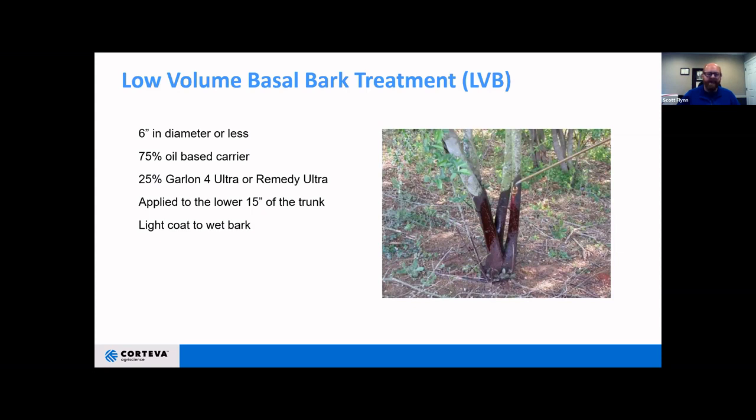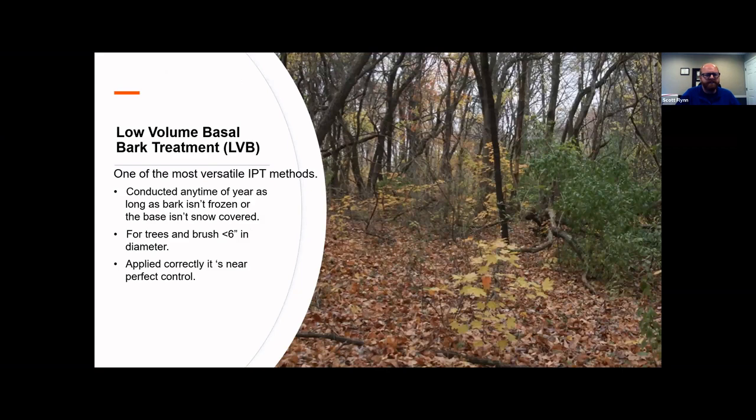So that high herbicide volume in that mixture is meant to put a very light coat on there, so we're not going back and having to refill constantly. So that's something I want to stress about low volume basal bark applications versus conventional basal bark applications.